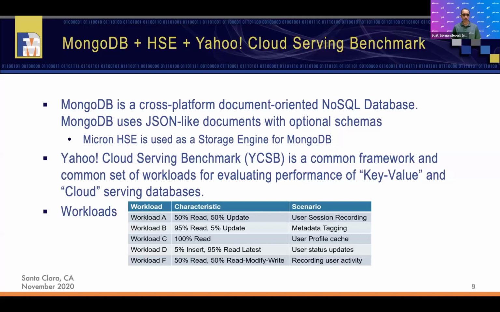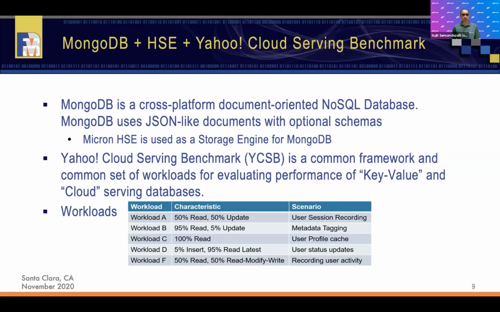A group of engineers from Yahoo first published a framework and set of workloads in 2010 to compare different key value and cloud serving databases. The workloads that we tested as part of this benchmarking effort are modeled to represent real-world scenarios.